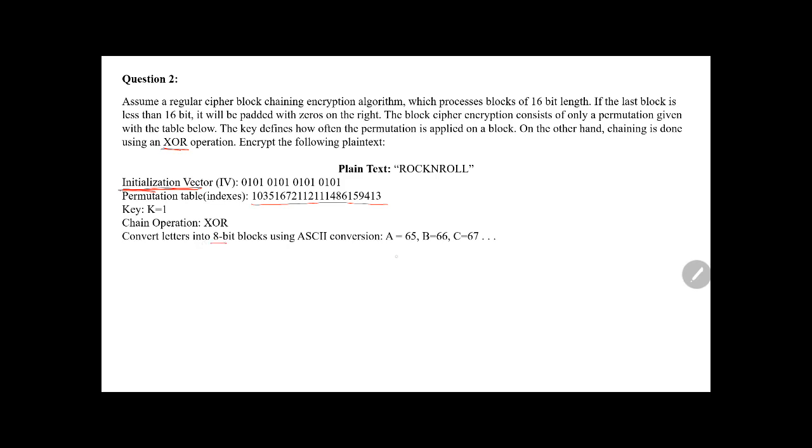So A is equal to 65, B equal to 66, C is equal to 67, and so on. You can Google what the ASCII conversion system is.